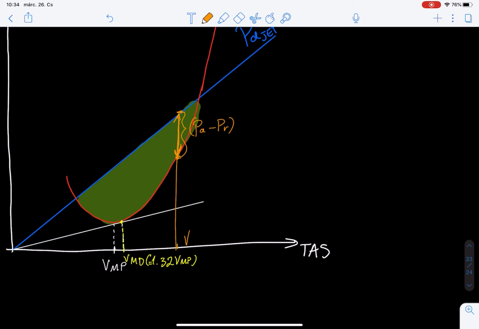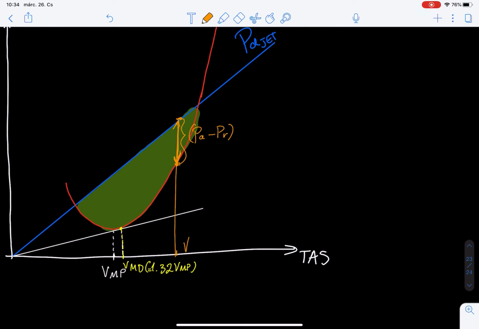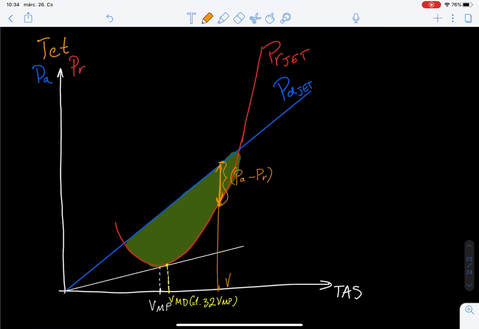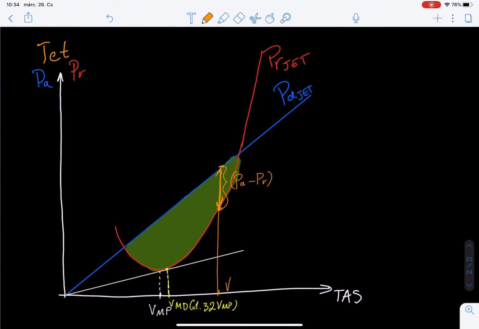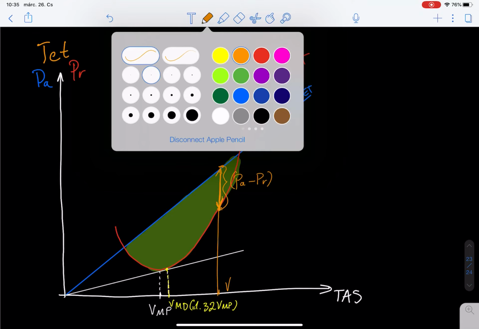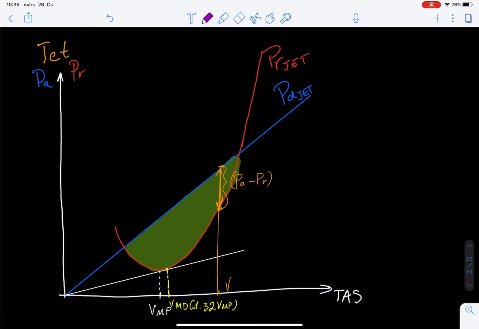Okay, so I'm trying to optimize this value, so to speak, and I try to find the velocity where this excess power available is the maximum. And it's not easy to see from these sort of shapes, but generally speaking, we'll just have to remember this, that usually it's somewhere here in the middle.